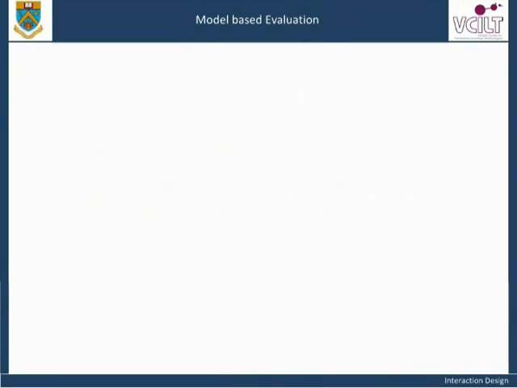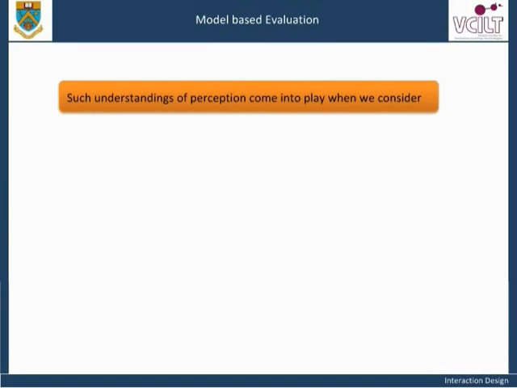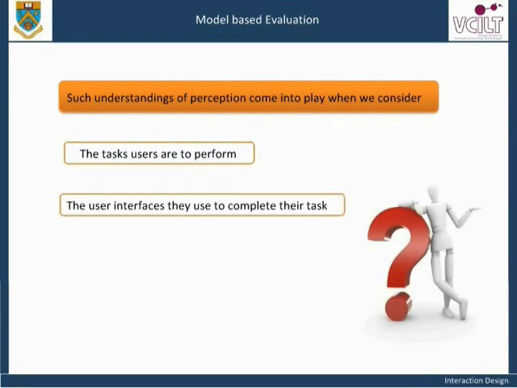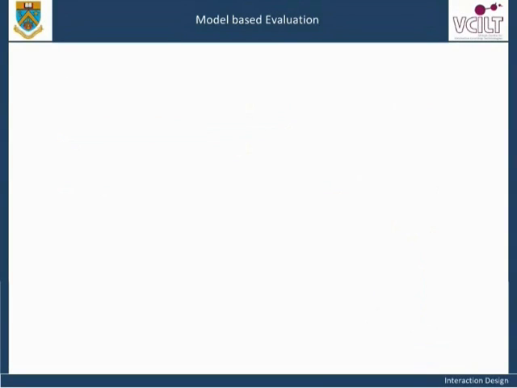You might be wondering, what on earth this has to do with evaluating user interfaces? Such understandings of perception come into play when we consider the tasks users are to perform and the user interfaces they use to complete their task. GOMS, perception-based evaluation, used an implicit notion of perception developed from psychological understandings of cognition.